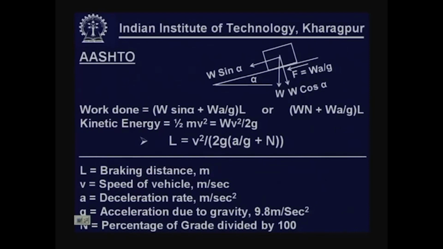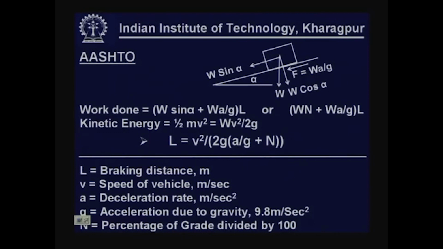Here we are using force equal to mass into acceleration. So, W by G into A. Remaining is the same. So, work done is W sin alpha plus W by G into A.